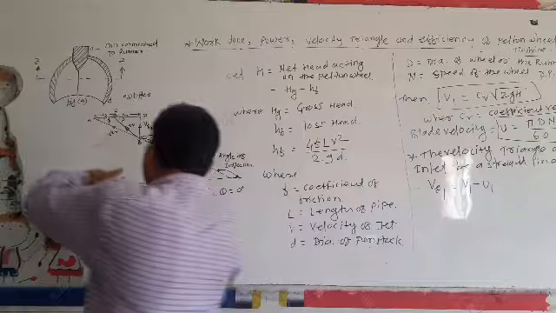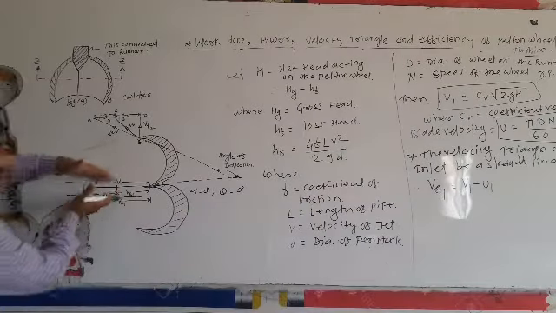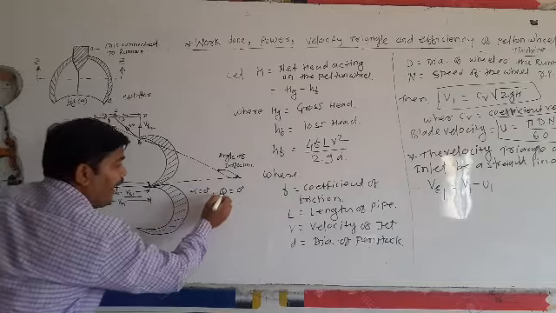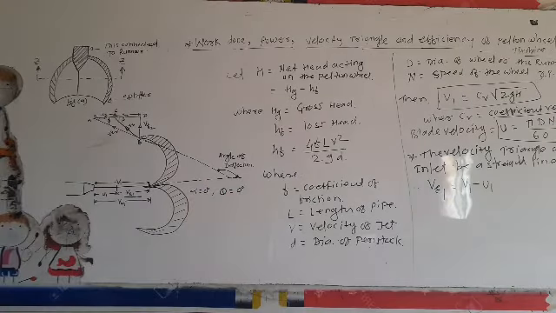But here the velocity triangle at inlet is a straight line. Therefore, alpha is equal to 0 degrees and beta is equal to 0 degrees.